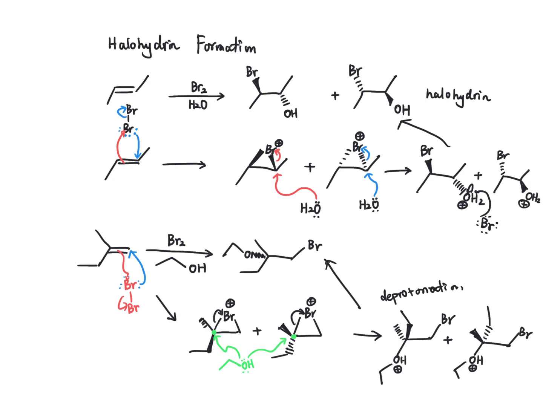That is the stereochemistry and regioselectivity of halohydrin formation. Now we can expand the Markovnikov addition rule a little wider: if we have a three-membered ring with positive charge, for example a bromonium ion or the mercurinium ion, what we see here is that in the second step the nucleophile comes in and will always attack the more substituted carbon.